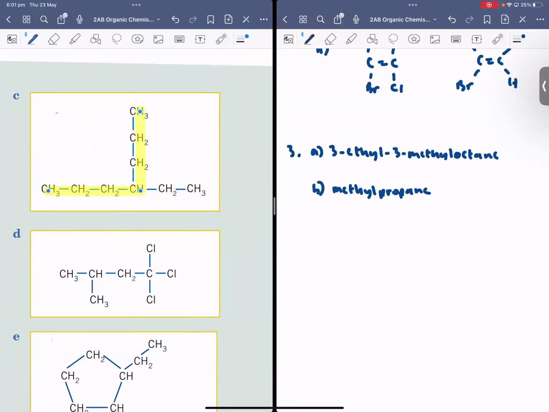What I've drawn right now is the biggest chain. 1, 2, 3, 4, 5, 6, 7. It's a heptane. Doesn't matter which way I start counting from, I have to wait till number 4. So this is 4 ethylheptane.